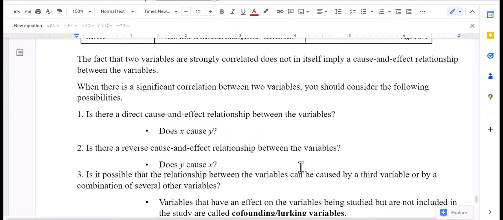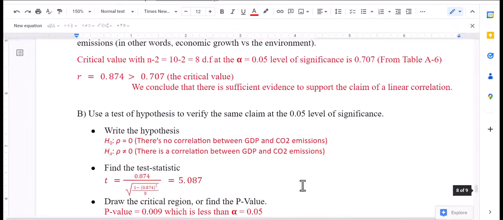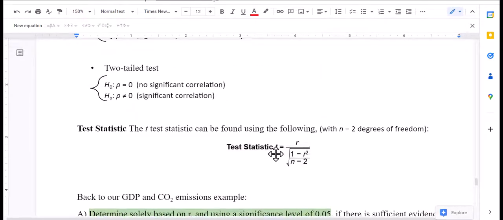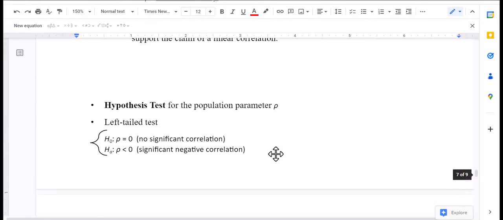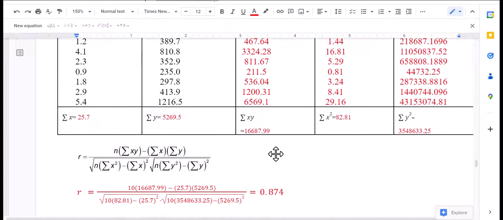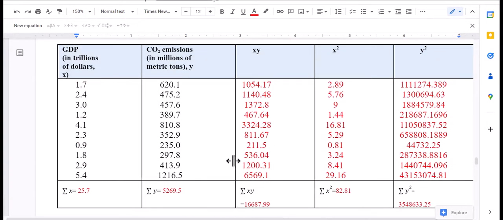So the only other thing is causation, right? Does correlation imply causation? We already said no. Sometimes, like in this case, if there are no other confounding variables, then you can probably say that correlation implies causation.